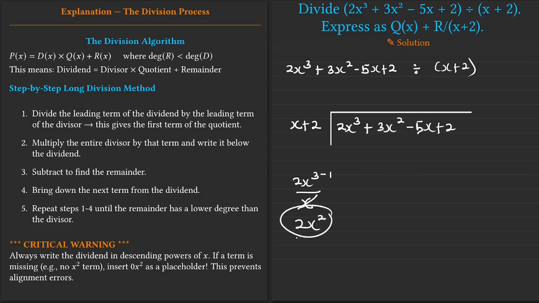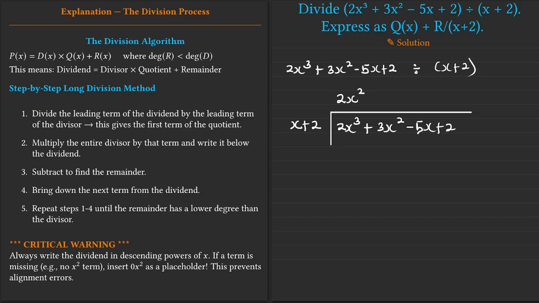This we have over here, we are going to make sure we write it here. So 2x raised to the power 2. Now this gives us the first term of the quotient. After this successful division, we have to multiply the entire divisor by the term and write it below the dividend.